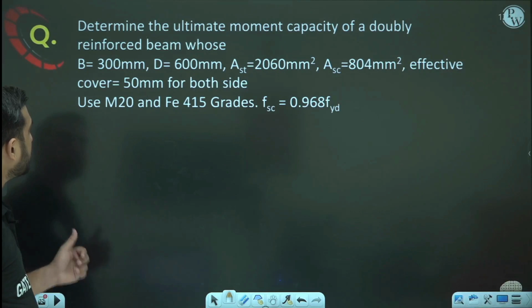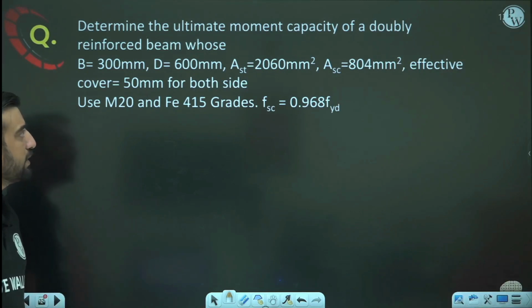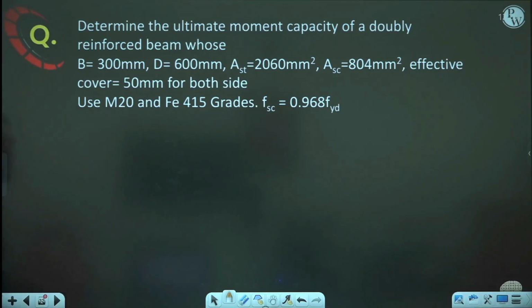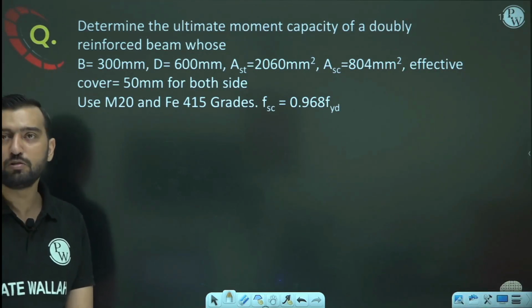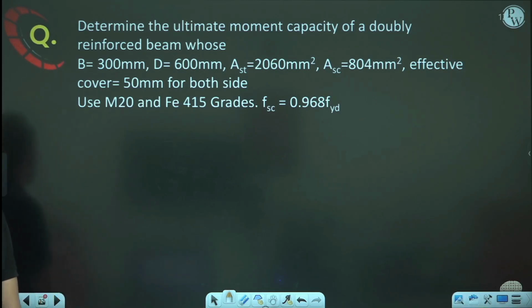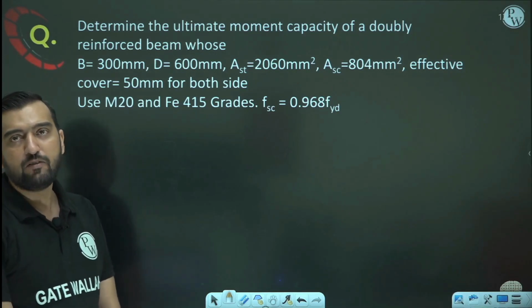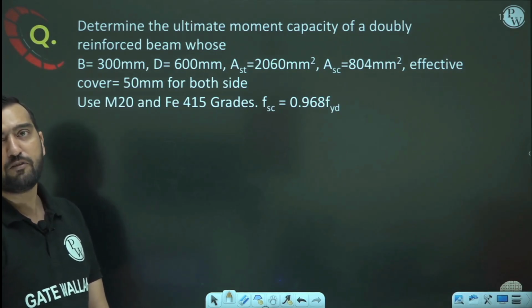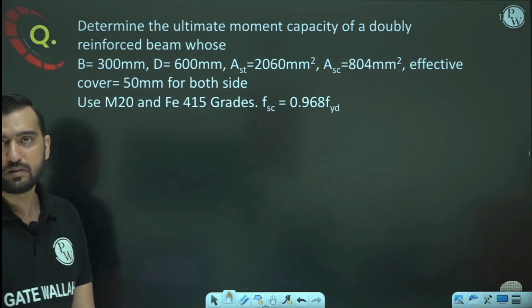Determine the ultimate moment capacity of a doubly reinforced beam whose b is equal to 300 mm, D is equal to 600 mm, area of steel is 2060, and area of steel in compression is 804 mm square. Effective cover we can take 50 mm on both sides, and we have to use M20 concrete and Fe415 steel.